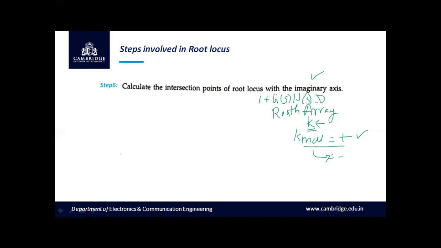If k margin is positive, the root locus intersects the imaginary axis and you will get a root on the imaginary axis which makes the system marginally stable. But if k margin is negative, then the root locus does not intersect the imaginary axis, which means that the total root locus lies on the left half of the S-plane, which means that the system is stable.